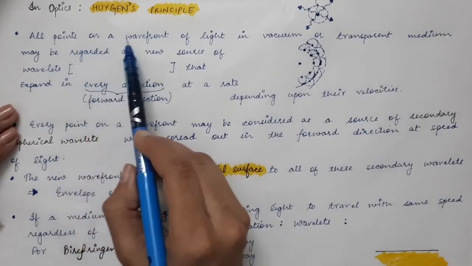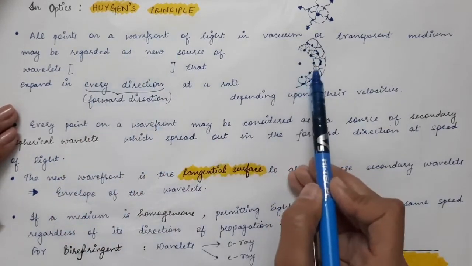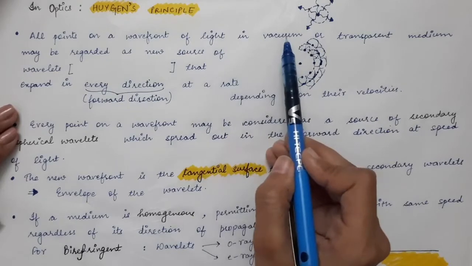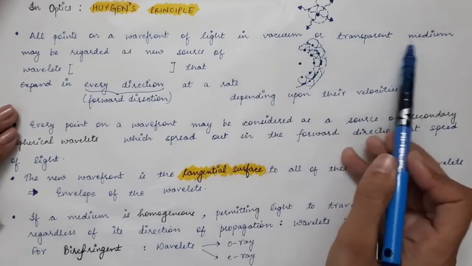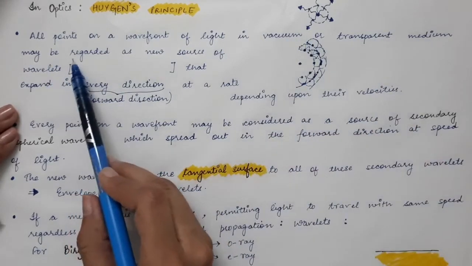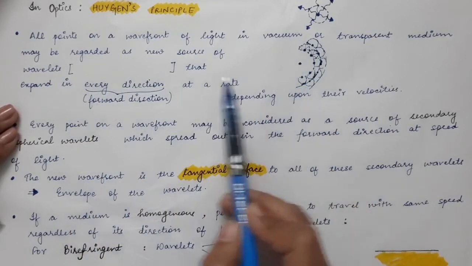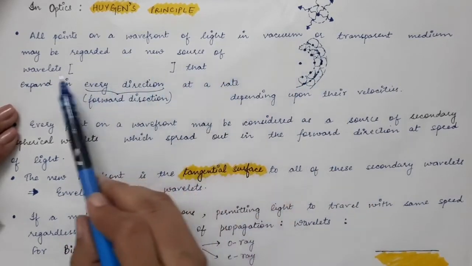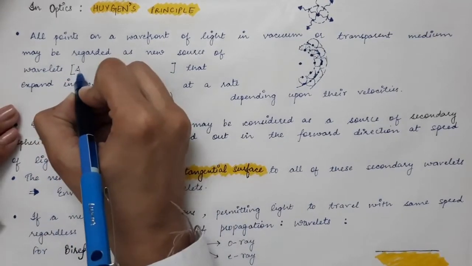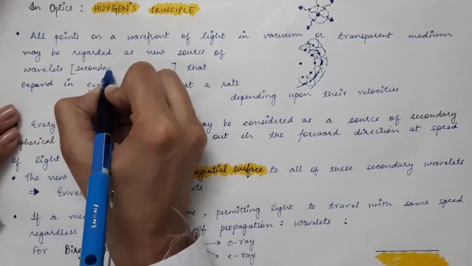Now all points on a wavefront of light in vacuum or a transparent medium, any transparent medium, may be regarded as new sources of wavelets. So these points are regarded as new sources of wavelets, and these are called secondary wavelets.